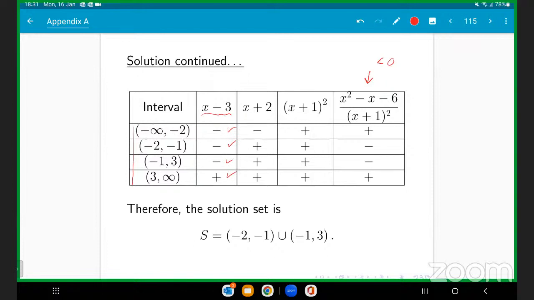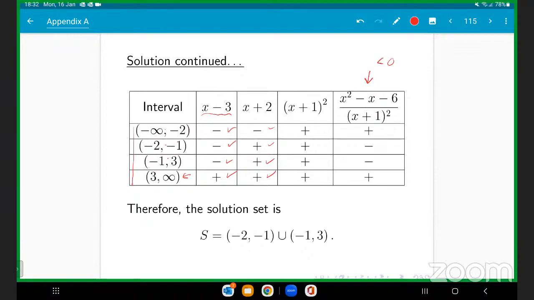You can test this out by taking random numbers in each of these intervals. You'll see that if you plug in a number into x minus 3, the answer is negative. However, for numbers coming from this interval, x minus 3 will be positive. Likewise, you can test that out to get the sign of x plus 2 in each interval here.